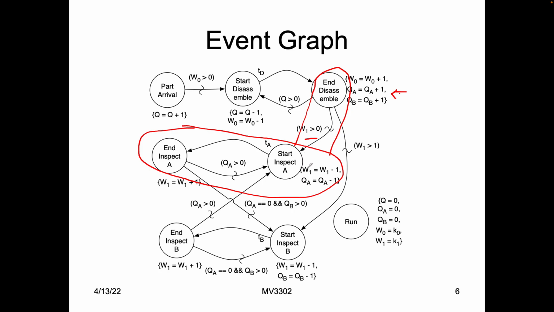And what does that state transition do? It takes away one of our inspection workers, it takes away one of the part A's from the queue, and schedules an end inspection with a delay of an inspection time for part A. And when you finish, if there's another part A in the queue, then we will start inspecting. Okay, so that piece is another multiple server queue where the end disassembly event is like the arrival. Do you see that?